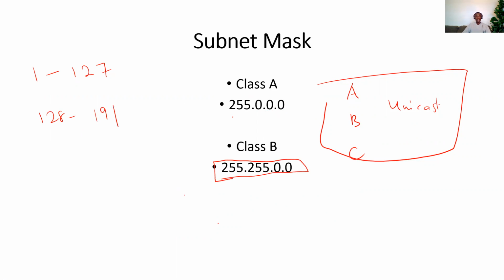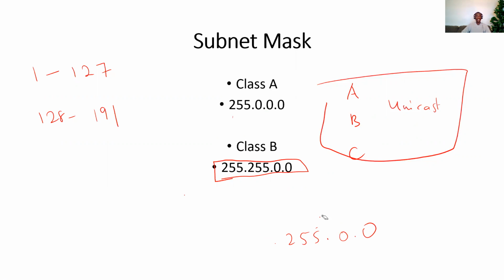So if you pick a typical example like 172.16.1.4, looking at the first number, we can say this is a class B address. And because it's a class B address, its subnet mask will be 255.255.0.0.